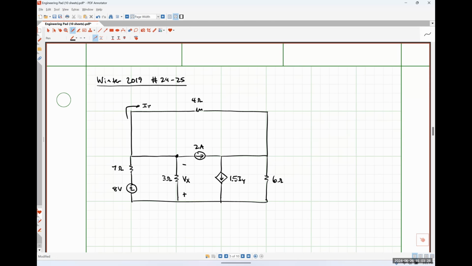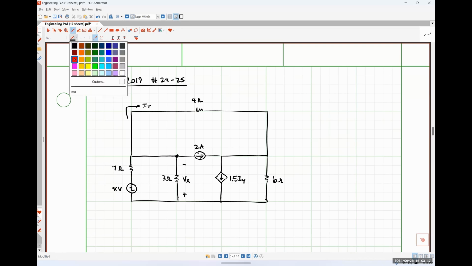Now I need to figure out which analysis technique to employ. I think I'm going to wind up doing nodal analysis. Let me explain my reasoning here. I definitely have 4 meshes.